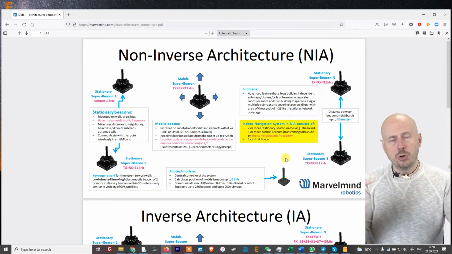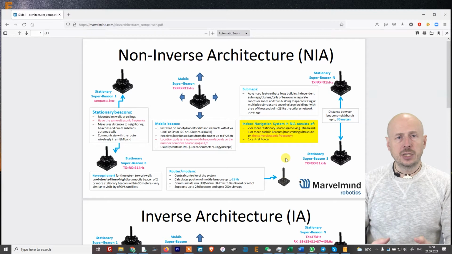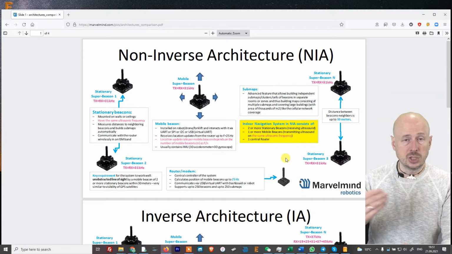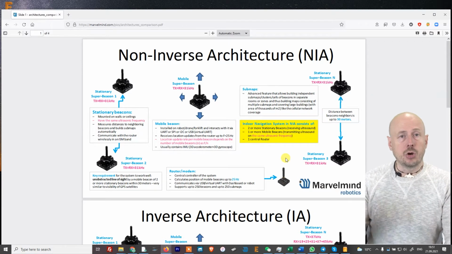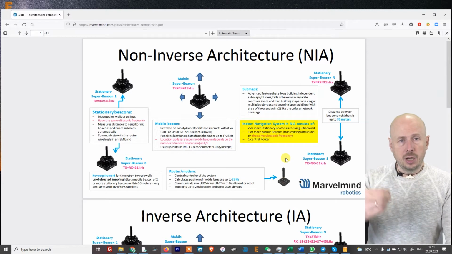Who is talking to whom over radio, at what time, it collects the data from the beacons, it sends data to the beacons. It also connects to your system. It could be a dashboard where you see the tracking, or it could be your robot, for example, which will be getting the data from the system.